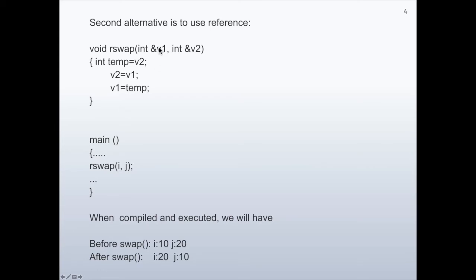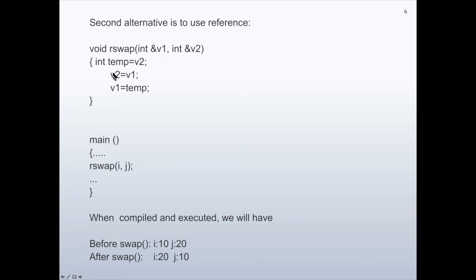The parameter is a reference, so whenever v1 appears in the code, it means that it is the same as the variable i given here. j is corresponding to the second parameter, which is a reference to j. So the value of j is loaded to temp.